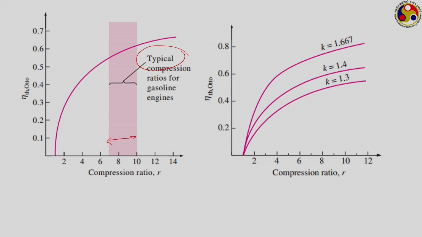Practical SI engines hardly have a compression ratio greater than 10 or 12. That is because of the temperature consideration. You can see from the previous slides that as the compression ratio increases, the temperature also increases, because we have just seen that T2 is equal to T1 into R to the power K minus 1.